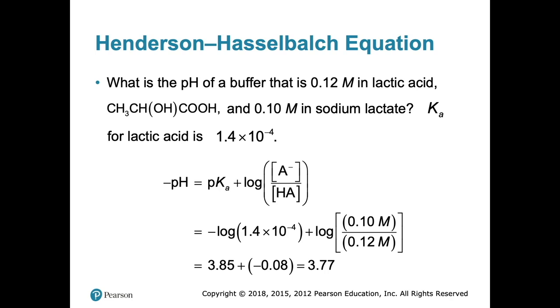HA is always going to be the unionized acid, so it will always be called lactic acid, or some kind of acetic acid. It will always have the acid in its name. And then the conjugate base here, A minus, will always have an 8 at the end because it's an ion, a negatively charged ion.